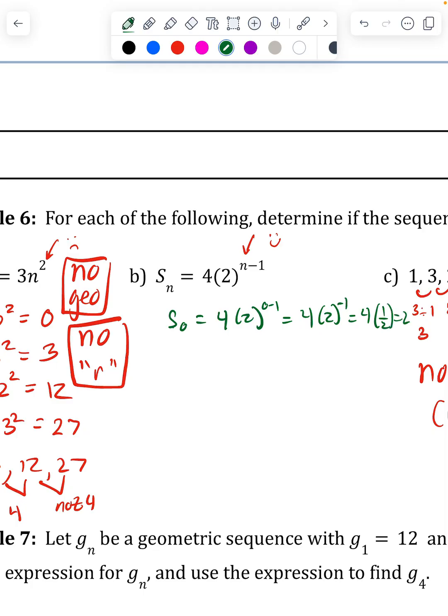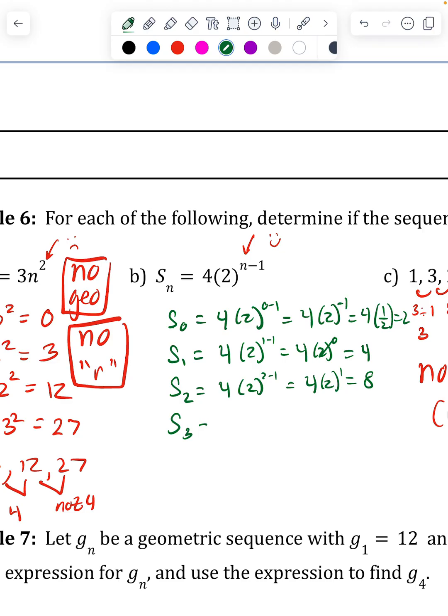And you want to be able to work your way through that because at the end of the day, some of these are going to be no calculator. Here I would have to the 1 minus 1 power, so it would turn into a 0 power, which would make that 1. Now these will get easier because here when I do 2 minus 1, I end up with 4 times 2 to the 1 power.